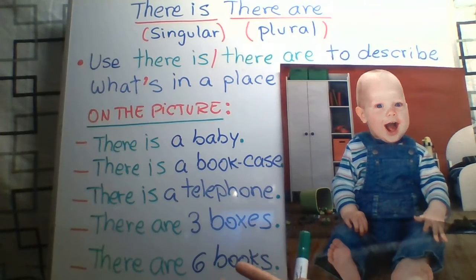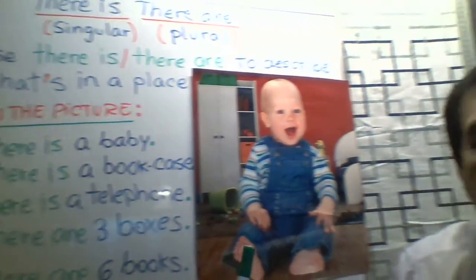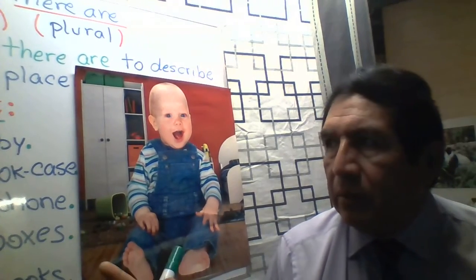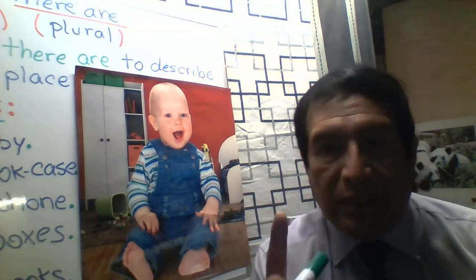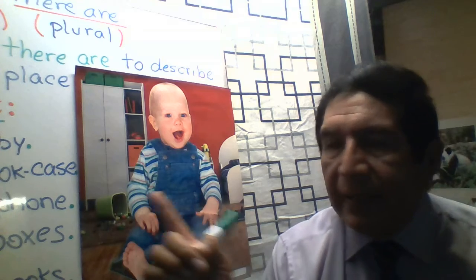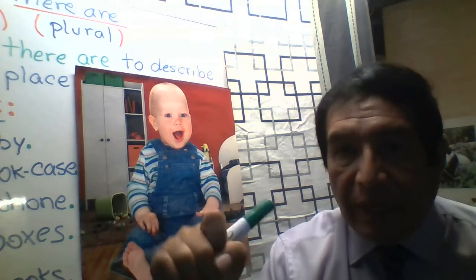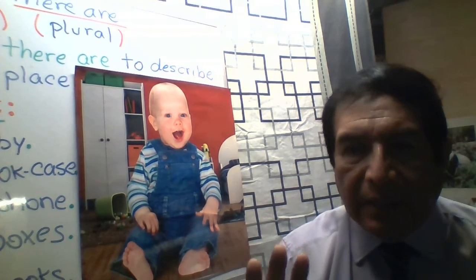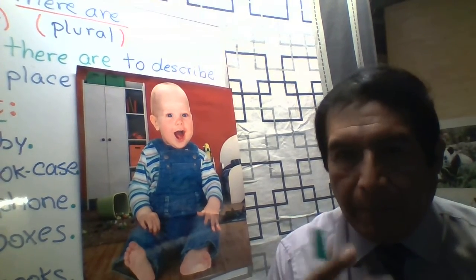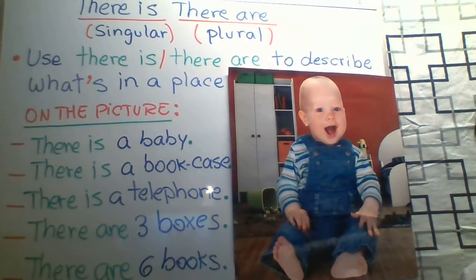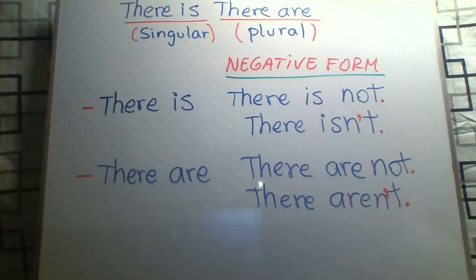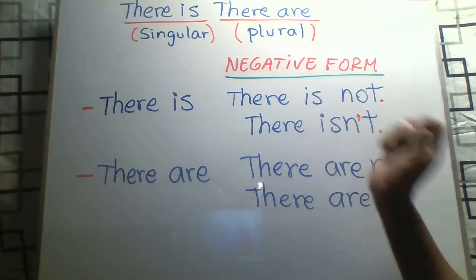What happens when you have to express there is not and there are not, in the negative? I'm going to write some examples for negative sentences. It's very easy and very simple, but pay attention to the next part of the class. Let's see the negative form.